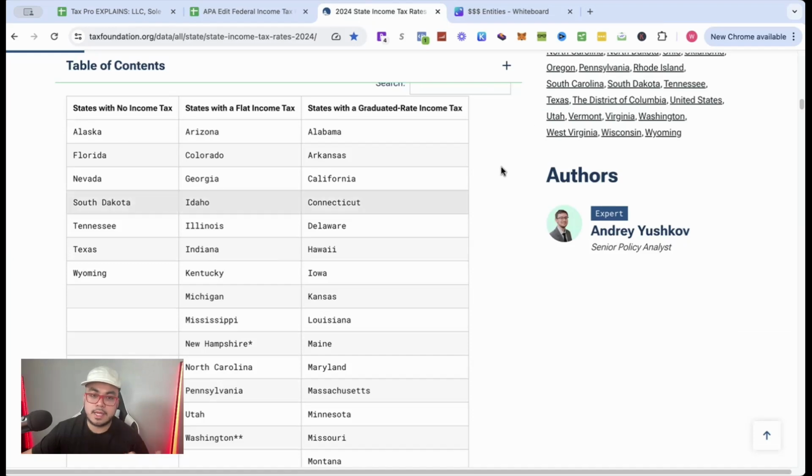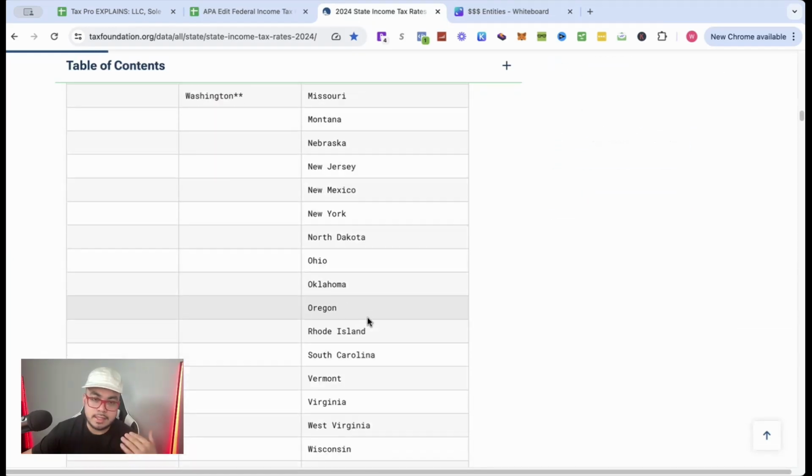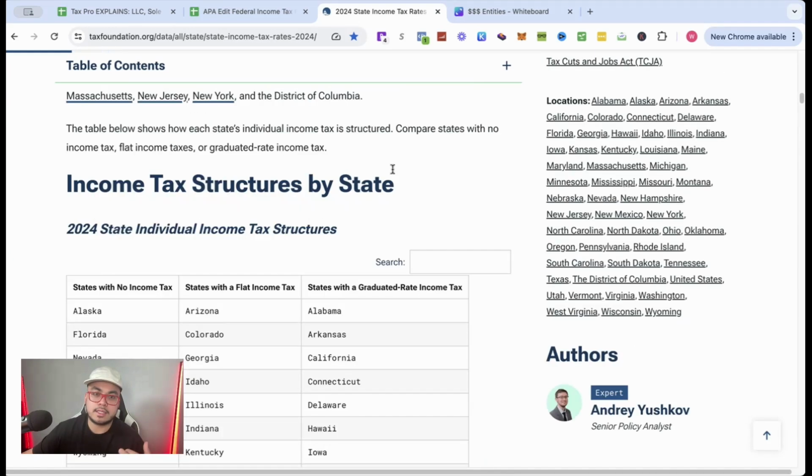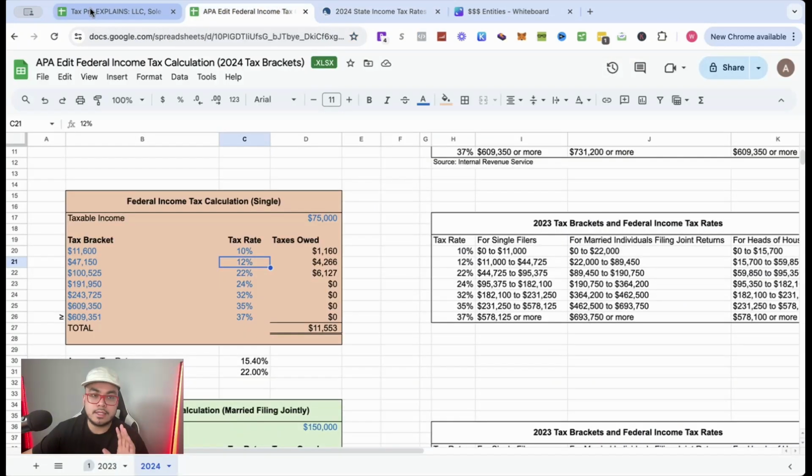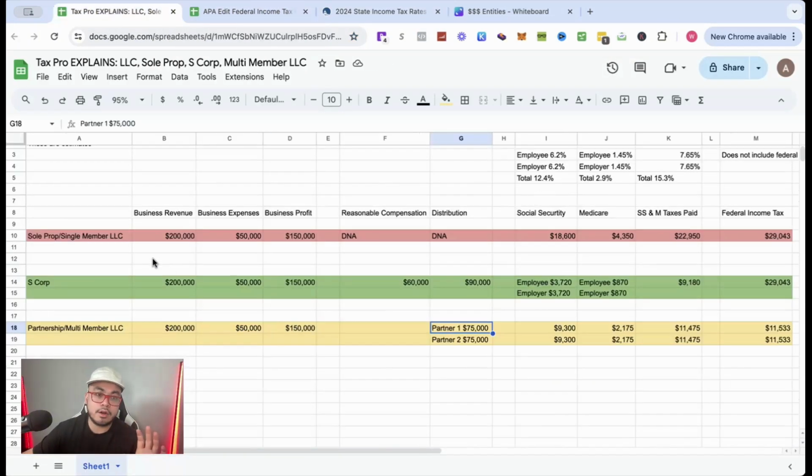Some states, like the ones listed right here, work the exact same way, that you guys can check out in the video that I included. So that is state taxes, and these are the taxes that are associated with being a single member LLC sole proprietorship, an S corp, or a multi-member LLC, which is also a partnership.